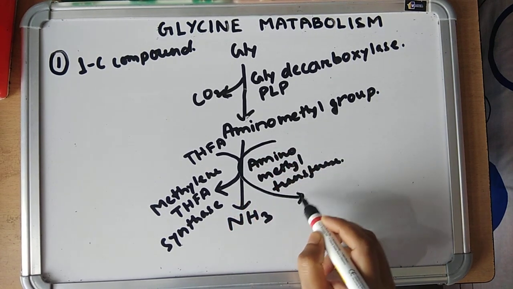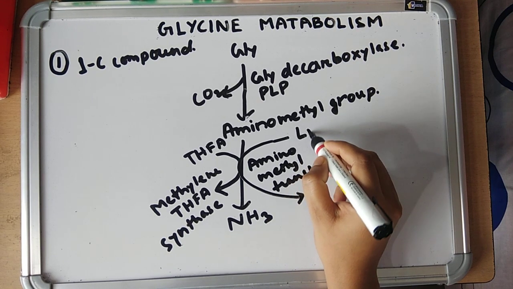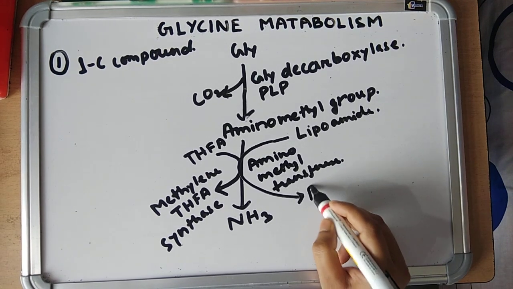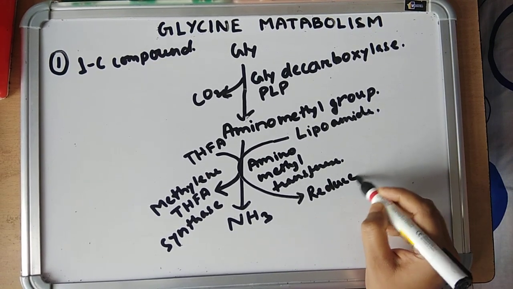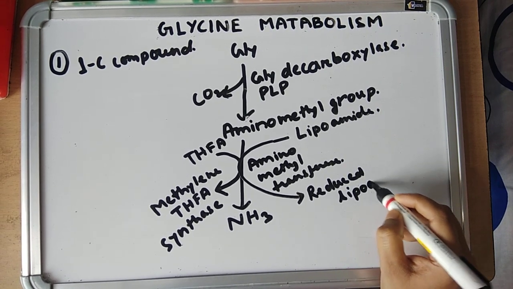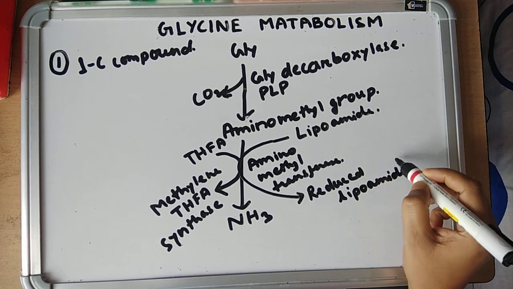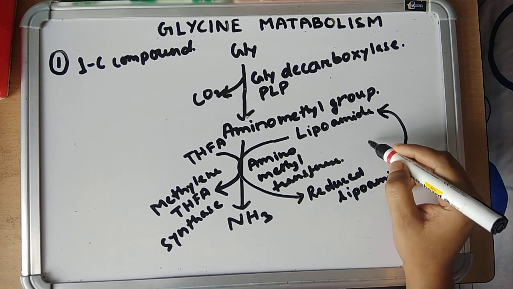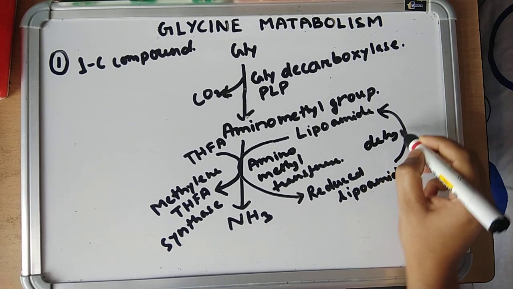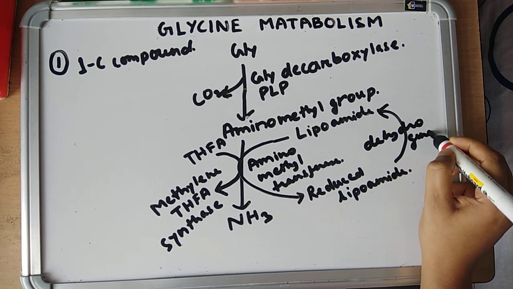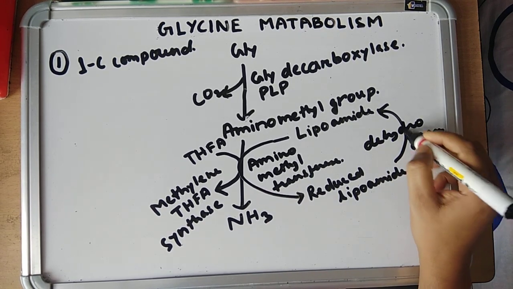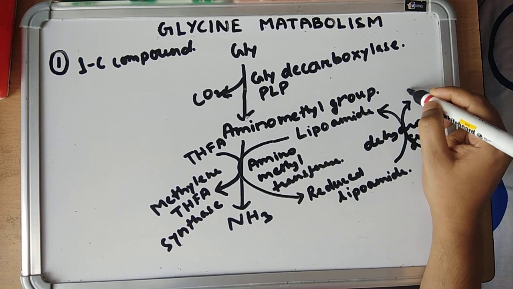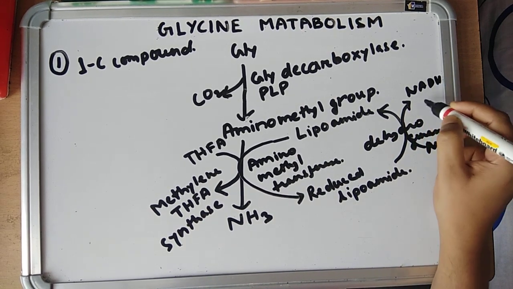This enzyme consists of the coenzyme lipoamide, which is converted into reduced lipoamide or dihydrolipoamide, and this lipoamide is regenerated from reduced lipoamide by dihydrolipoamide dehydrogenase, and it requires the coenzyme NAD, which forms NADH.